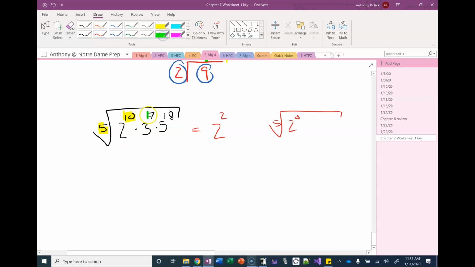Next up, I'm going to look at the 7 divided by 5. What is 7 divided by 5? 1. So I'm going to have a 3 to the 1st. And what's the remainder? 2. So I'm going to have a 3 to the 2nd underneath the radical. Now I'm going to do 18 divided by 5. What's that? 3.